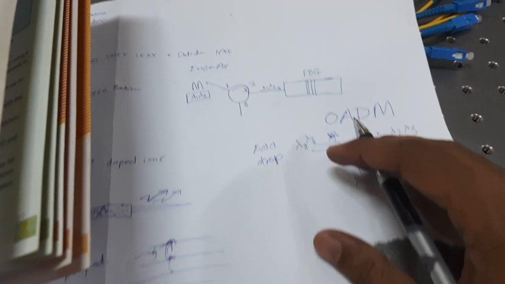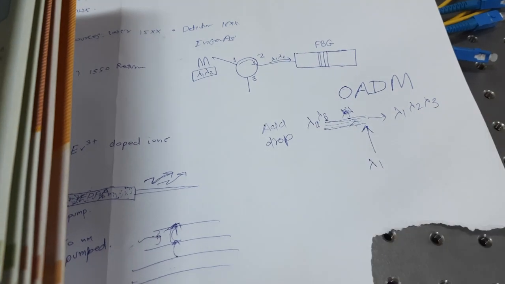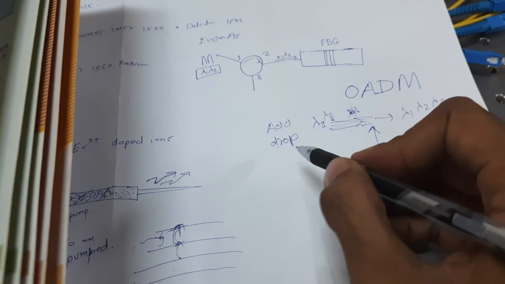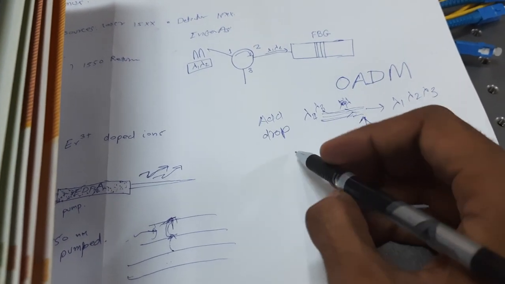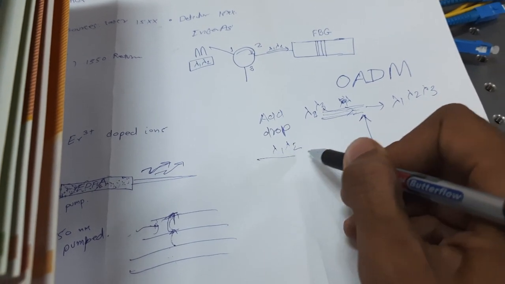And if you want to drop any signal from this multiplexed output, suppose that you have lambda 1, lambda 2.